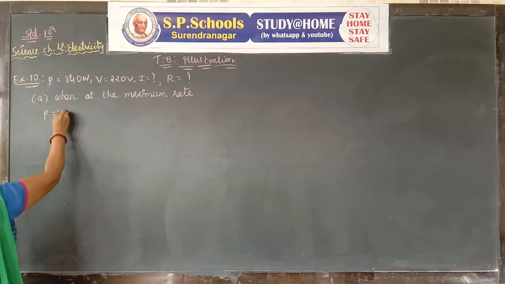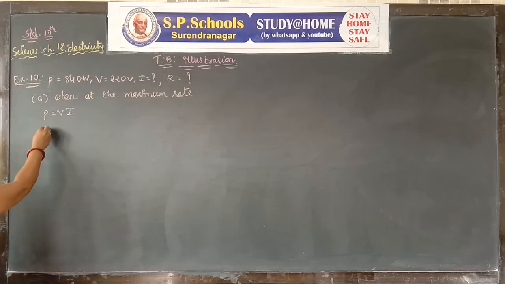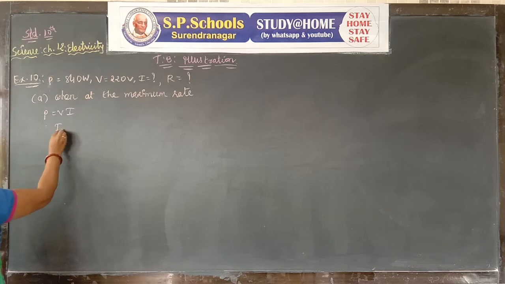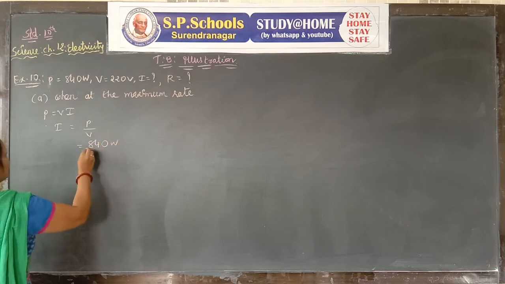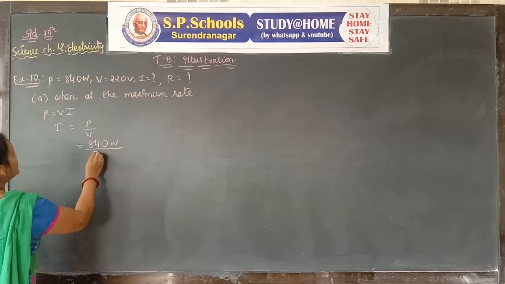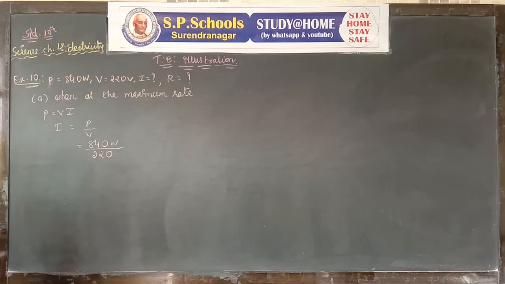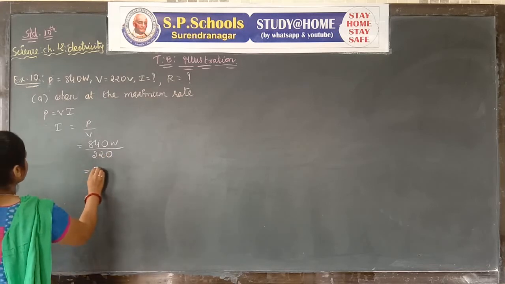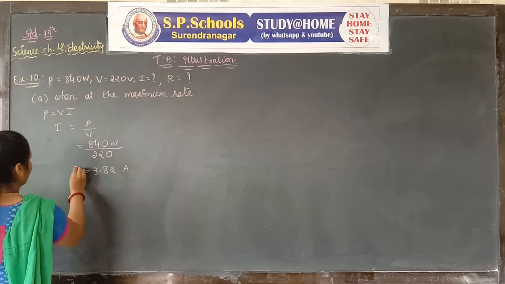The formula of power is P is equal to VI. With the help of this formula we make the subject I is equal to P upon V. Power is 840 watt and the voltage is 220. When we divide 840 by 220, we get something like 3.82 ampere.